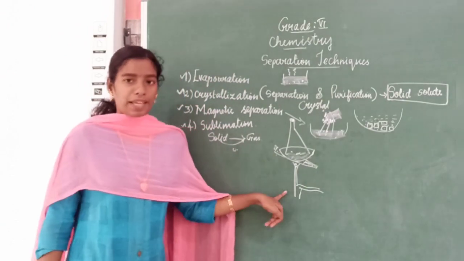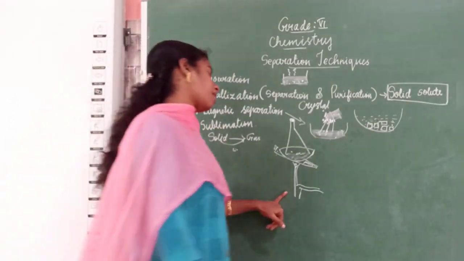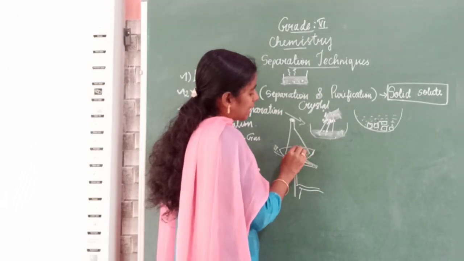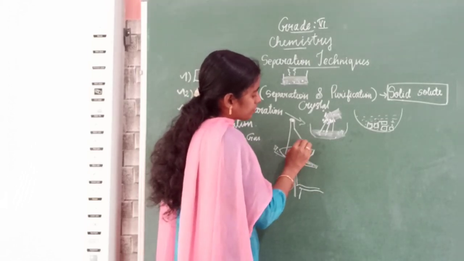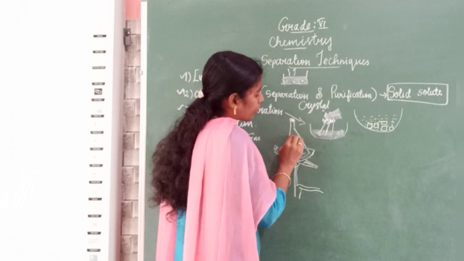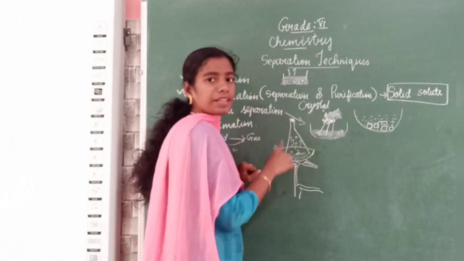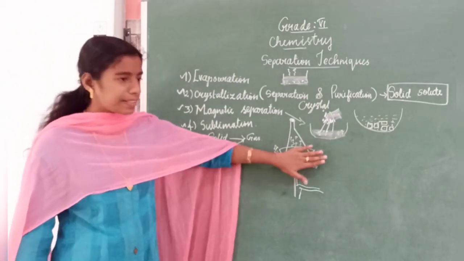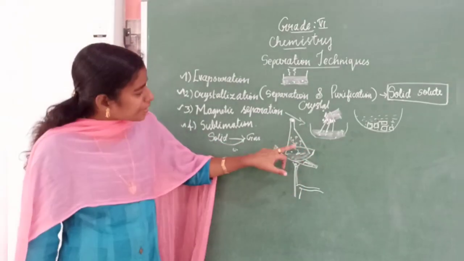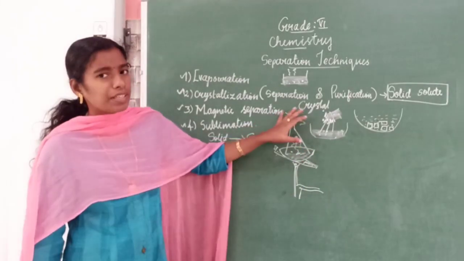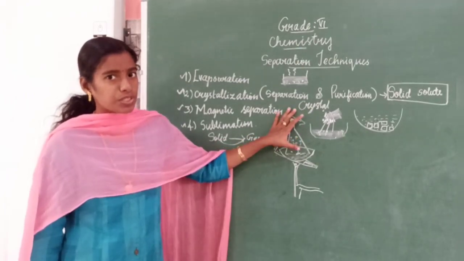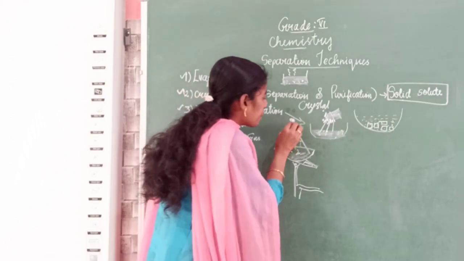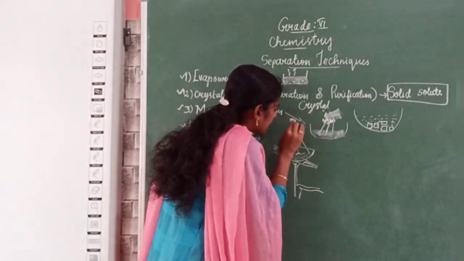Now when you apply heat, this ammonium chloride will start evaporating as gas. All the ammonium chloride will evaporate as gas, and here the temperature will be high. When it is going up, the temperature will reduce. So when this temperature reduces, it will deposit here as crystals.